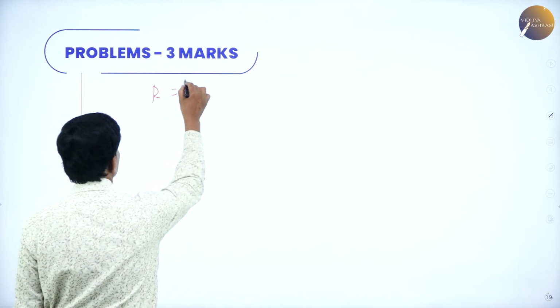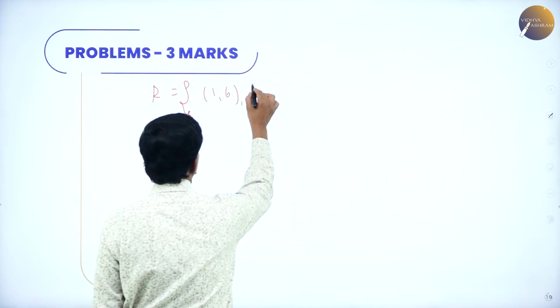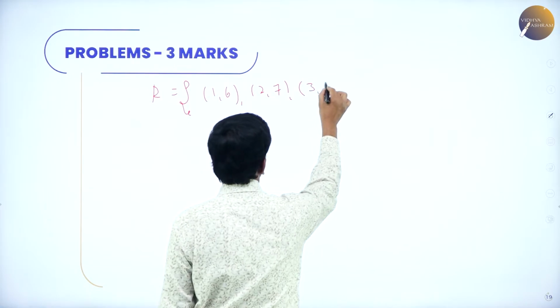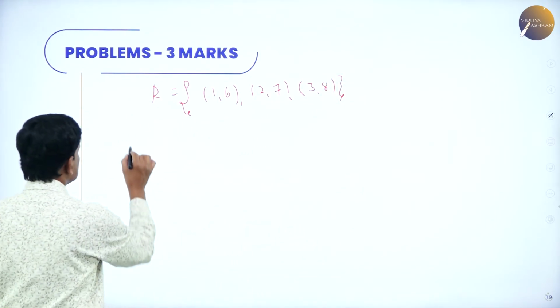Symmetric. What is R we have? R is equal to 1 comma 6, 2 comma 7 and 3 comma 8. Now second property, symmetric.